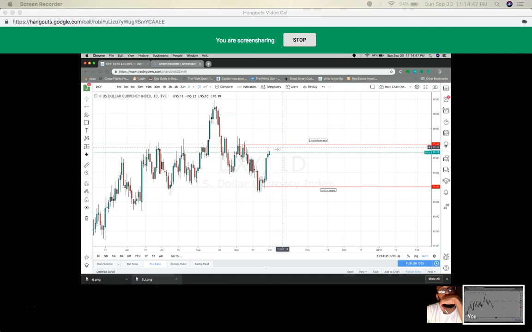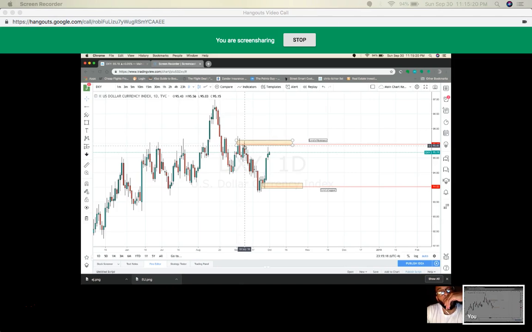So what I would then do is draw what we're about to learn about: zones. I draw a zone like this, and the zones cover the wicks, the exhaustion wicks.